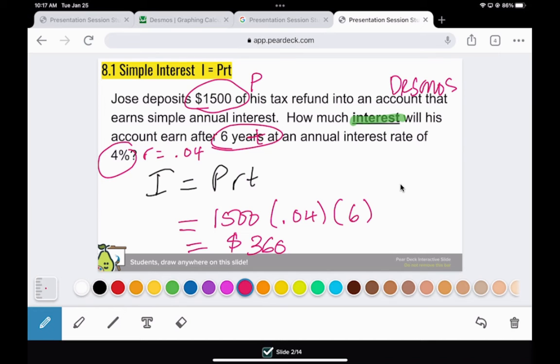So this is $360 as interest for 6 years. So this is simple interest. Identify P, R, and T, plug it in. Questions?